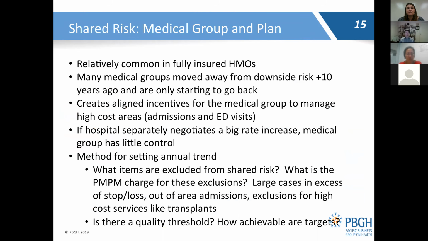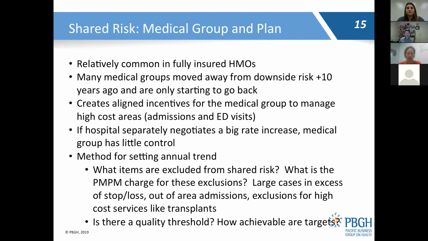One of the other considerations in coordinating is that oftentimes if a medical group and plan have a shared risk arrangement that doesn't include the hospital, then it creates a separate incentive where if a hospital has a large rate increase, the hospital benefits directly, but then it ends up being an additional risk element for the medical group, because the medical group doesn't have control over that rate increase.